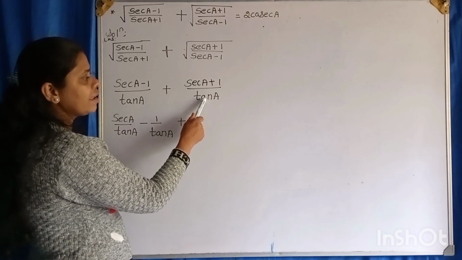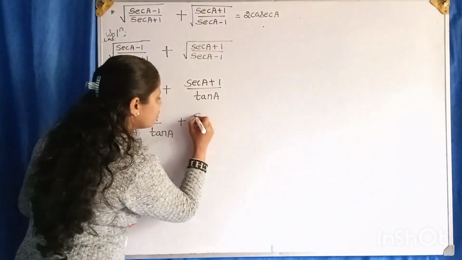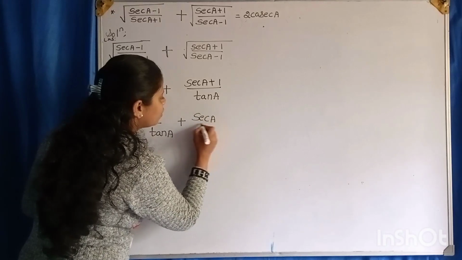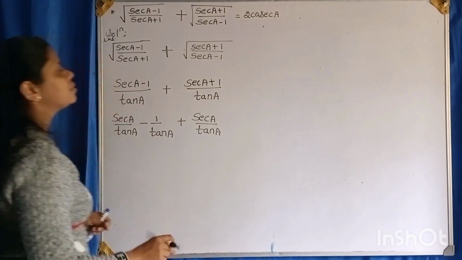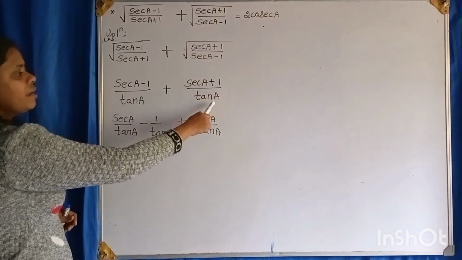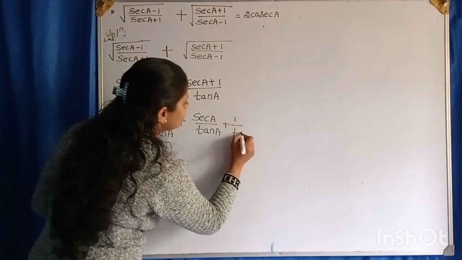Again this one, I can split the term. That is secant A divided by tan A plus 1 by tan A.